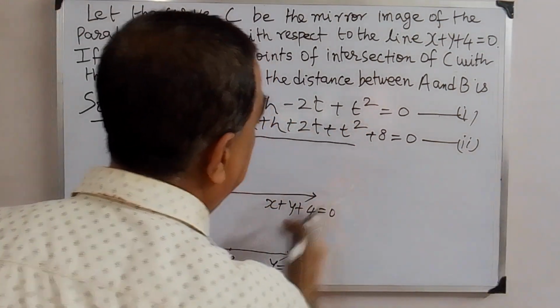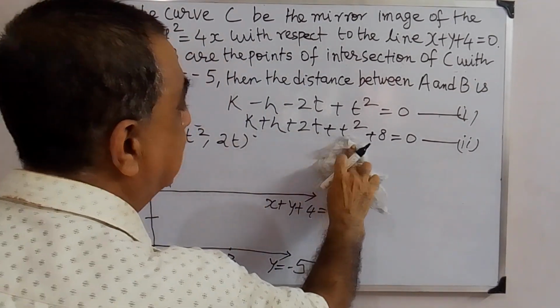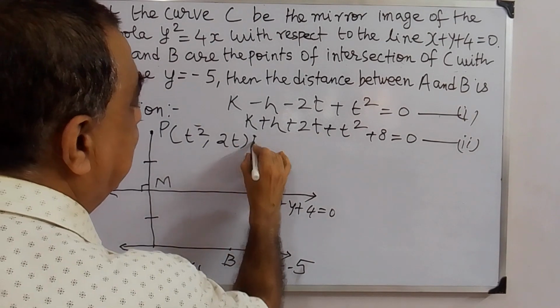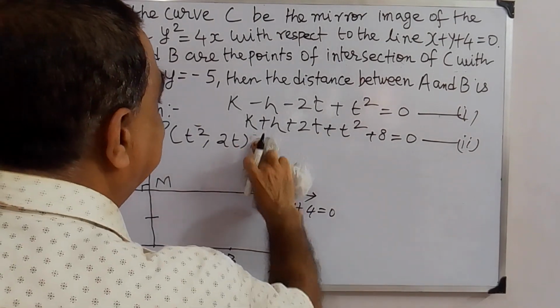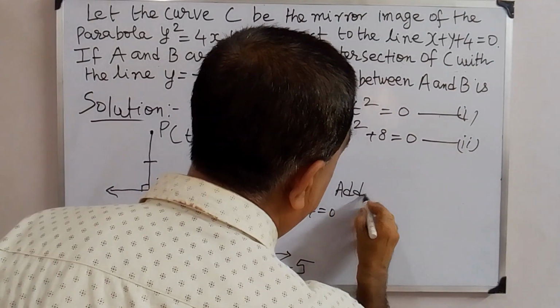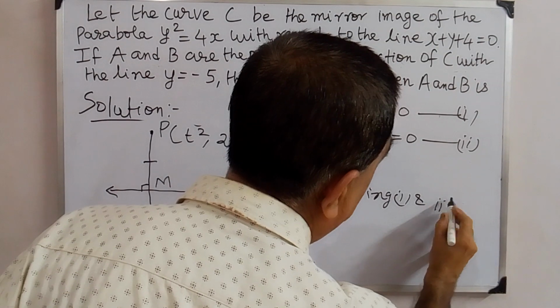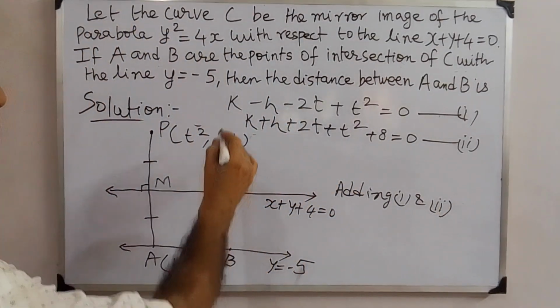So now we are adding equations 1 and 2. When we add 1 and 2, what do we have?